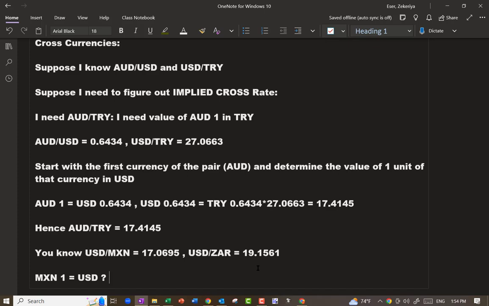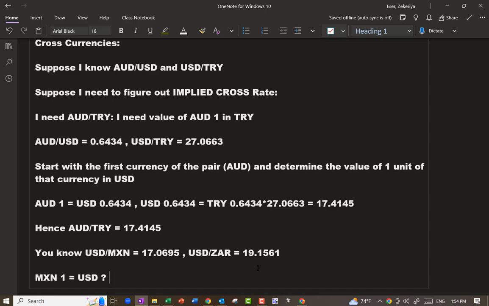Life is not going to be that easy for us now. Why? Because Mexican peso is quoted, in this case, in indirect fashion. So they tell me the value of $1 in pesos, but if you want the other way around, all you have to do is flip it.